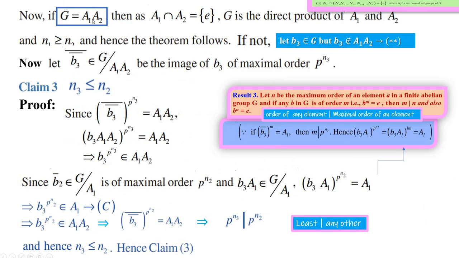Now if G equals A1 A2, so we have already got A1 generated by small a1, and then we got A2 generated by the small a2. If my G equals A1 and A2, I mean the product A1 A2, then as A1 intersection A2 is singleton E, G is the direct product of A1 and A2.